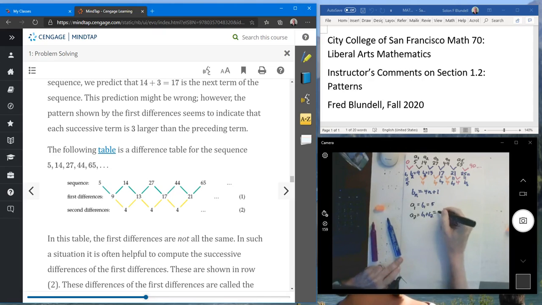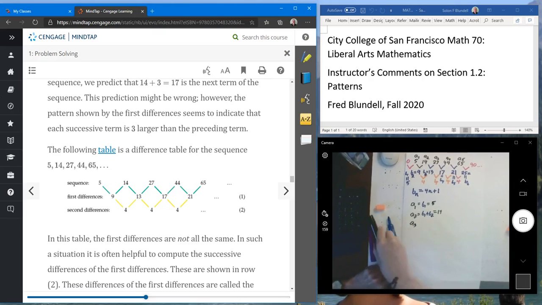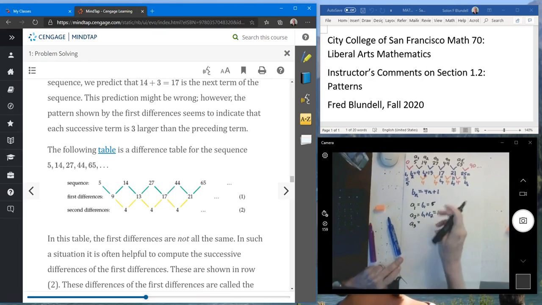So we get our 14. Okay, well, how about A3? Well, that's the 5 plus the 9, 14, plus 13. It's B1 plus B2 plus B3.